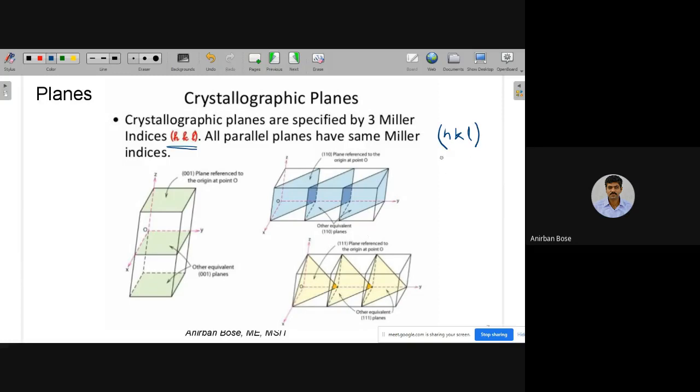So when it is within parentheses, we understand that this represents a plane. But if it is within square brackets, then we understand that it is a direction. So only by looking at whether it is parentheses or square brackets, we'll understand whether it is a plane or a direction.